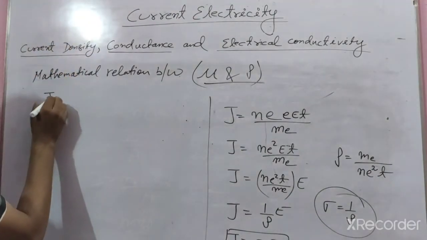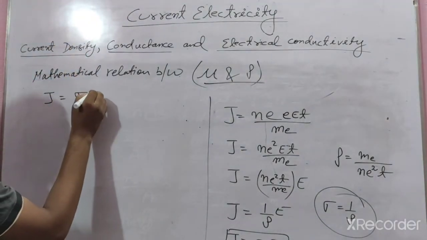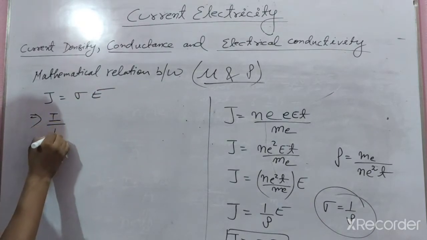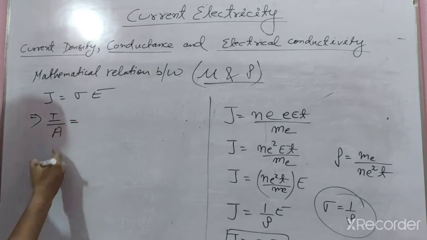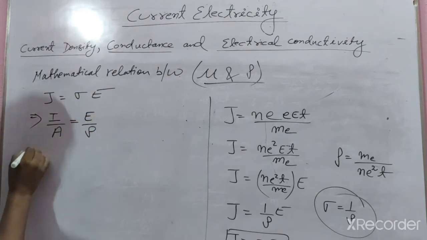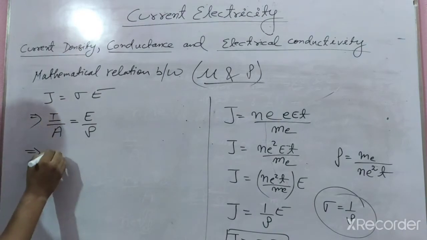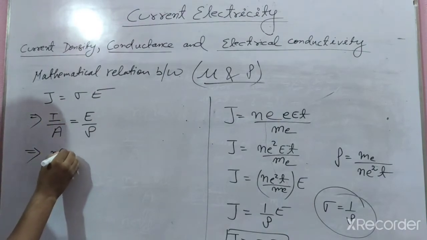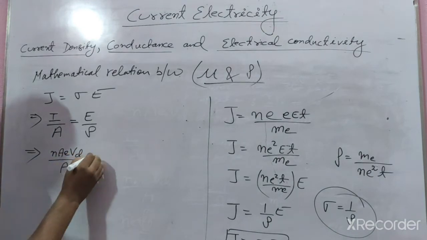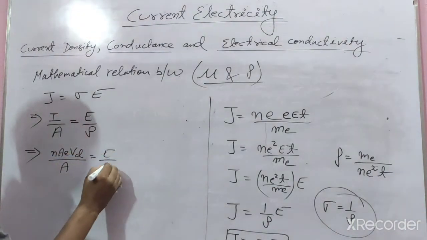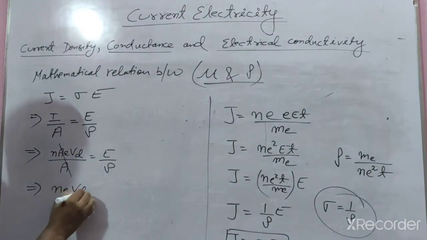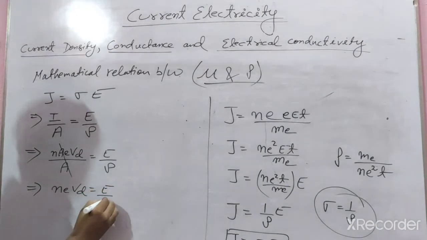Now you know that J equals sigma into E, and J is I by A, and sigma is 1 by rho, so J equals E by rho. And J equals nAevd by A, which is nevd, equals E by rho.